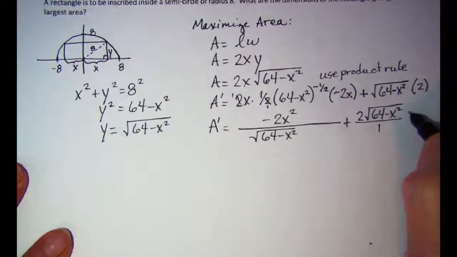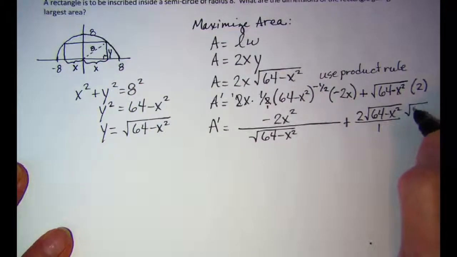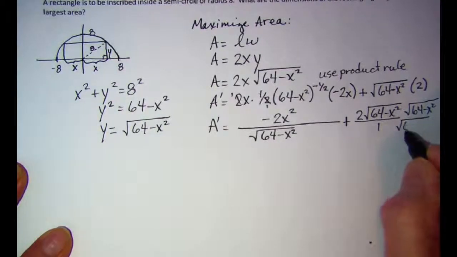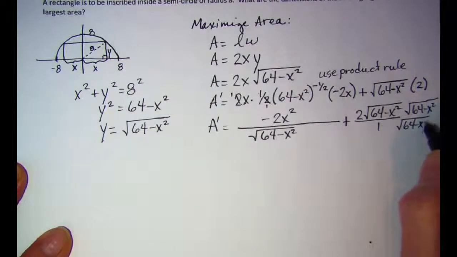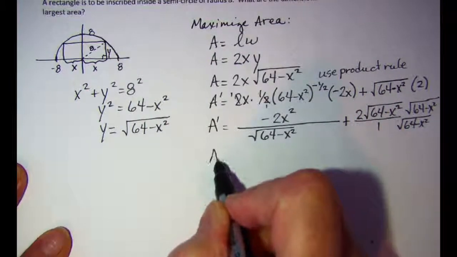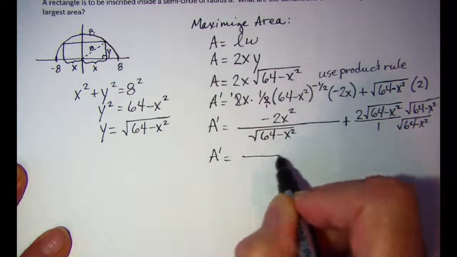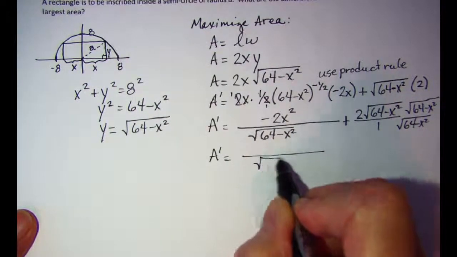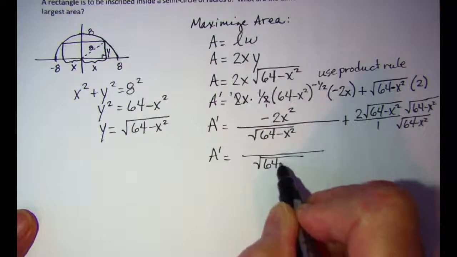Let's multiply top and bottom here by the radical to get a common denominator. So in the bottom I have radical 64 minus x squared.